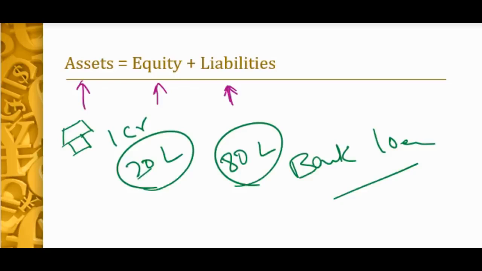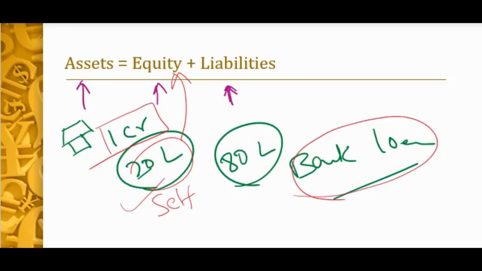The asset is this 1 crore. Equity is what you have invested yourself, the self investment, which is 20 lakhs. And you have taken a bank loan of 80 lakhs, and you need to pay this amount back to the bank, so it is called a liability.